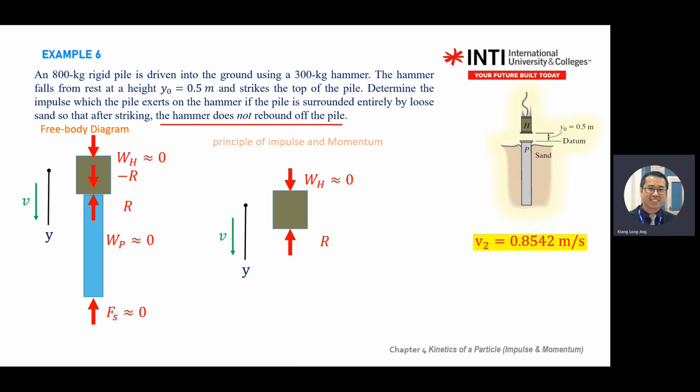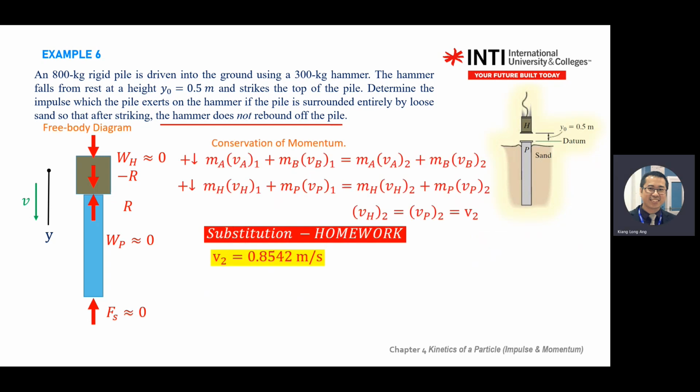Then you focus on the hammer, right? Conservation of momentum normally helps you to solve velocity. Principle of impulse and momentum, this one is important. This one focuses on an individual body. Use it to calculate for an individual body when you want to use the principle of impulse and momentum.